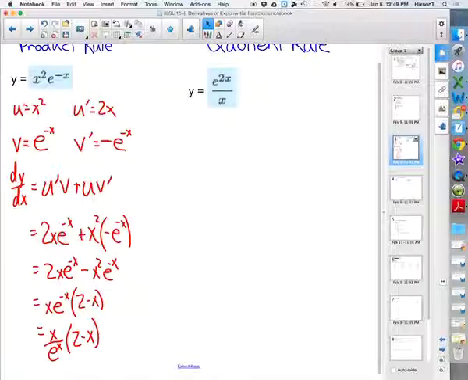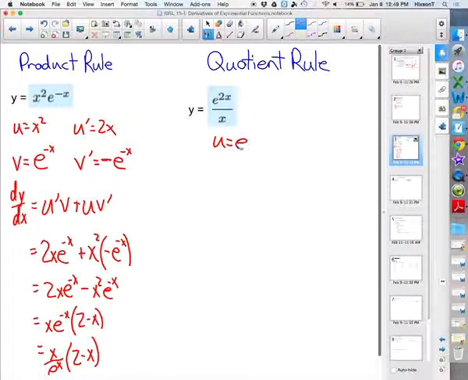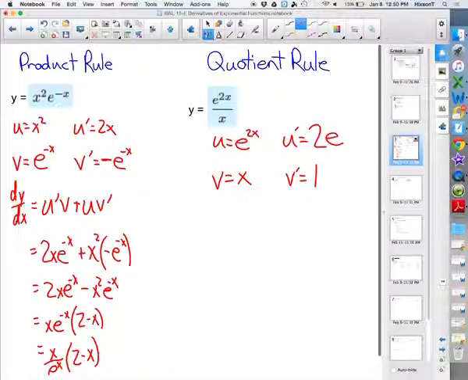Here's another one where we'd have to use the quotient rule. u is e to the 2x. v is x. So u prime is what? 2e to the 2x.